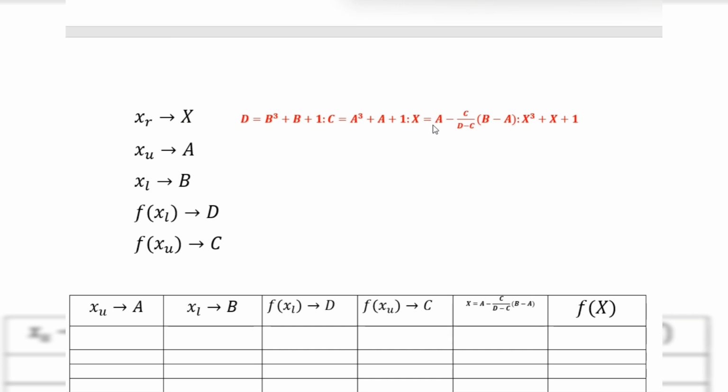Therefore, X equals A minus C over D minus C times B minus A, again colon mark. Now again we have to check the function value for each position. Therefore, we represent the function here by using x cube plus x plus 1. Then, entering this function into the calculator, we can easily fill this table.